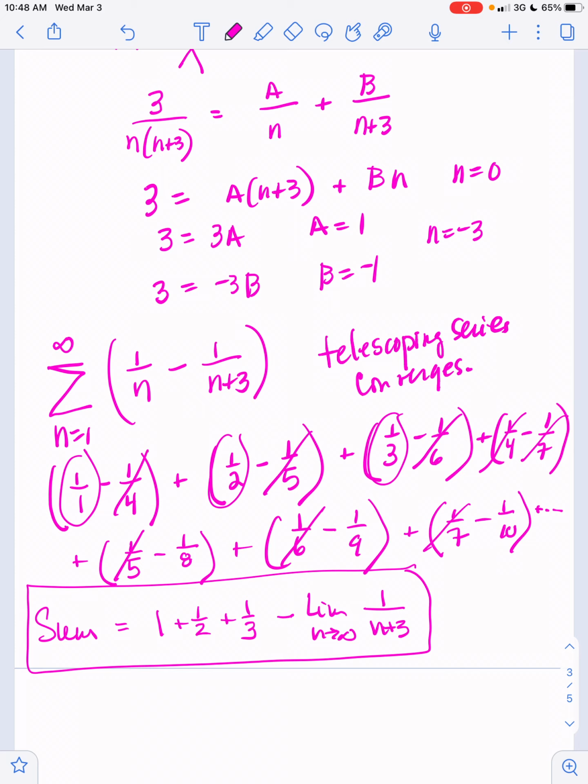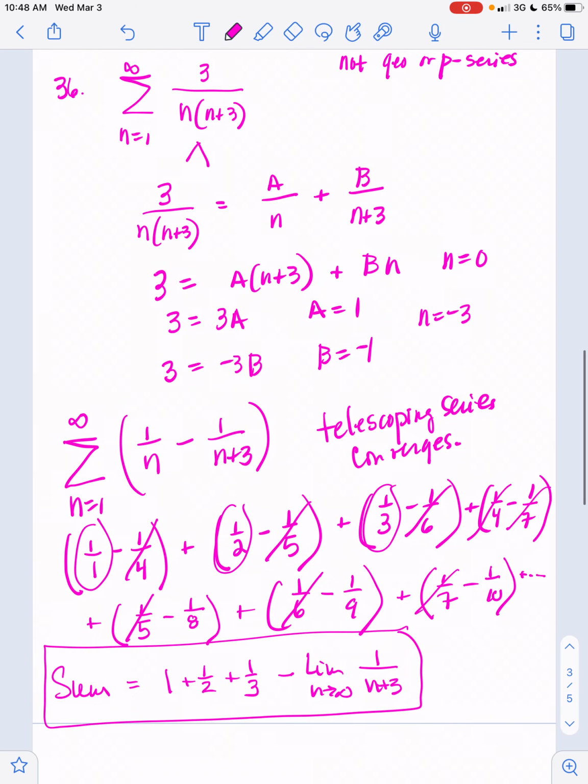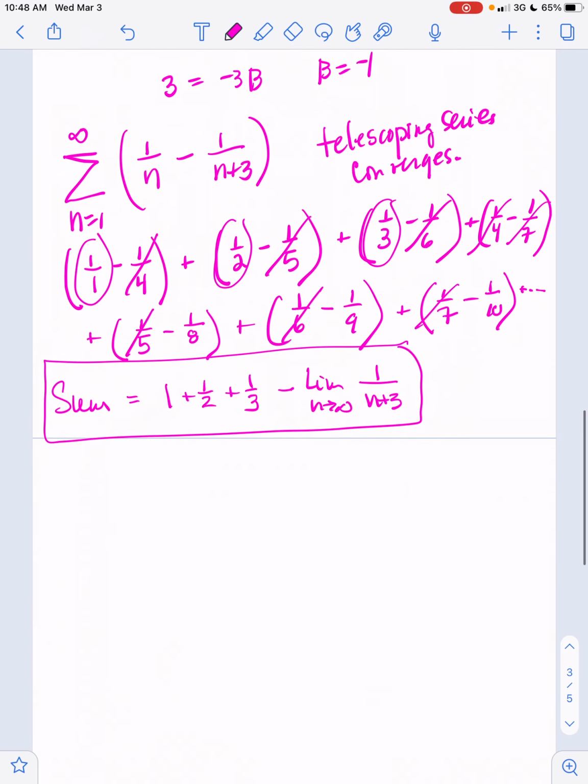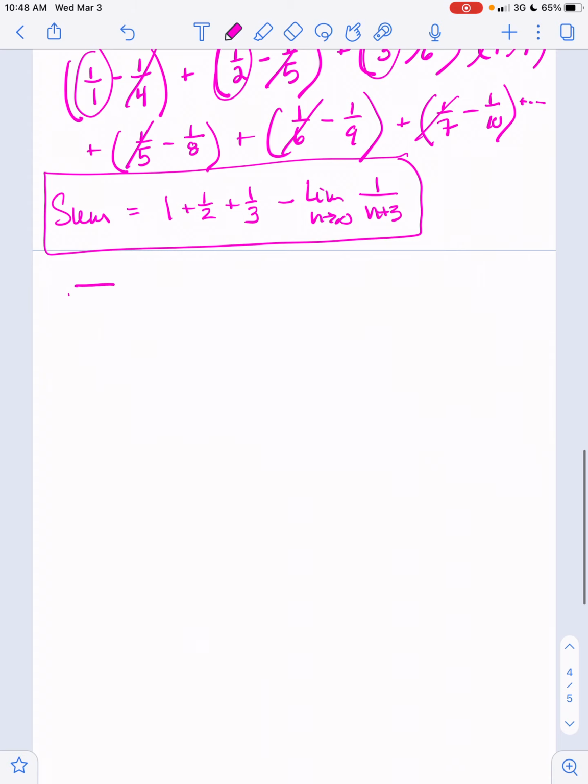All right, let me look at this another way, because I think this has a good review. If I did not recognize this to be 3 over n times n plus 3, if I did not recognize this as a telescoping series, and I wanted to use the integral test, could I use the integral test?